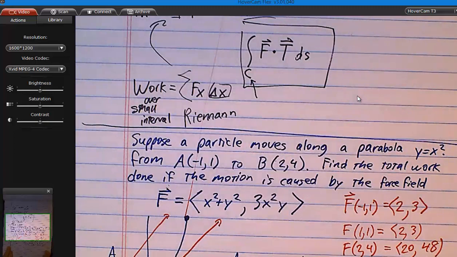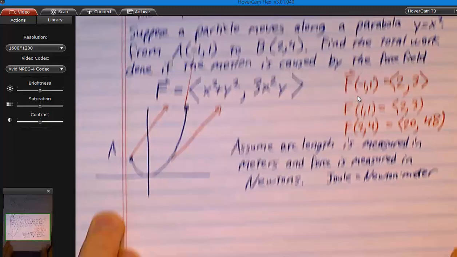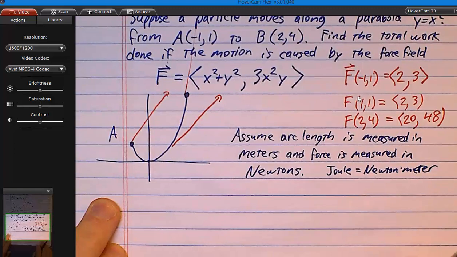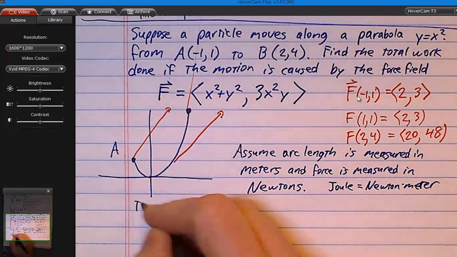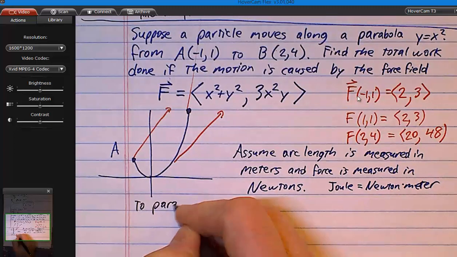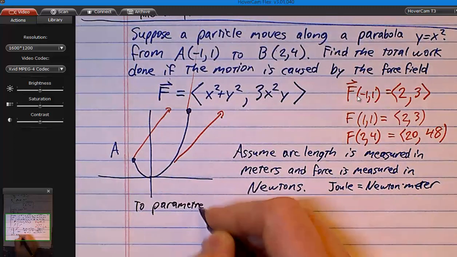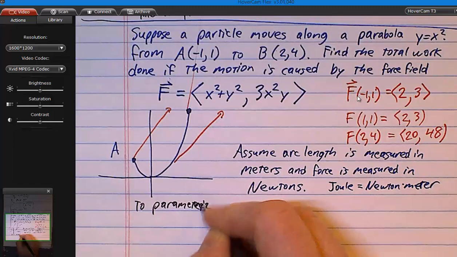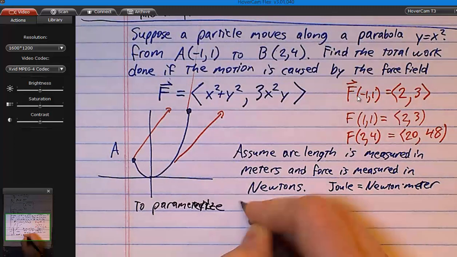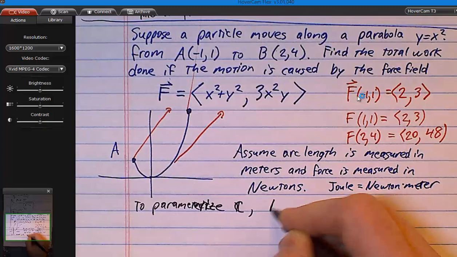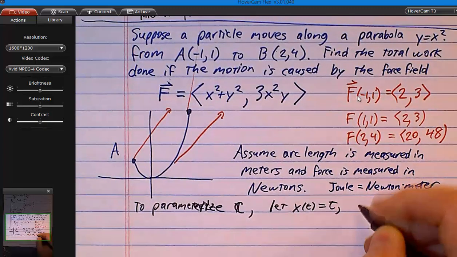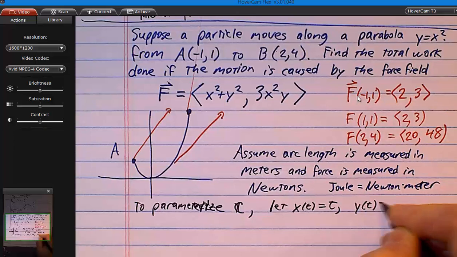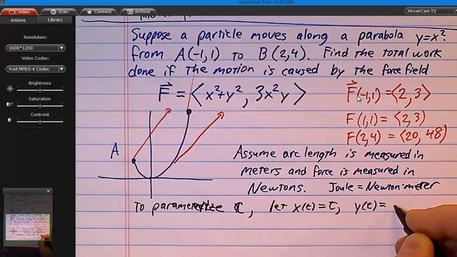I told you an easy way to do that. To parameterize C, let x of t equal t, and let y of t be what? t squared, because y equals x squared.